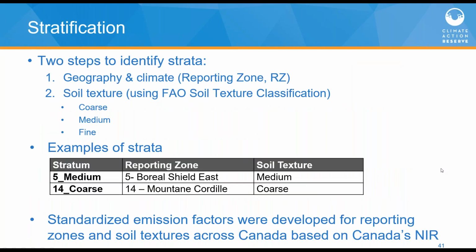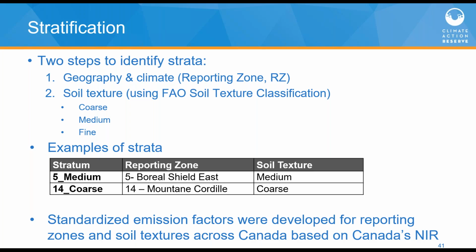When we're identifying our strata, there are 2 steps, pretty straightforward. The first is the reporting zone. These are fairly broad areas of similar geography and climate. And then the soil texture. We're looking at the surface texture of the soil. There's a table in the protocol that gives many detailed surface texture categories and explains how those map to these 3 broad categories of coarse, medium, and fine.